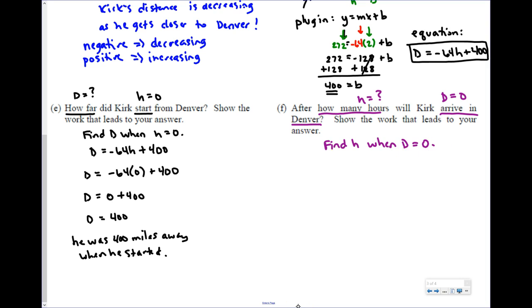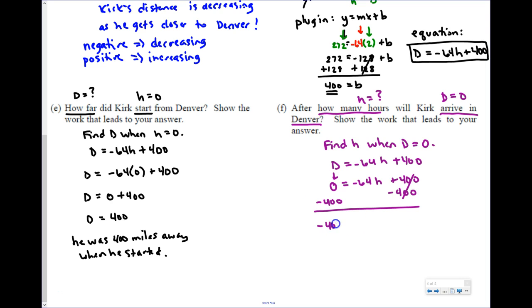So we're going to use our formula again. D equals negative 64h plus 400, but now I'm going to make d equal to 0, and try and solve this equation for h. This is a little bit harder. I've got to do a little more steps. I have to subtract the 400 first. 0 minus 400 is negative 400.